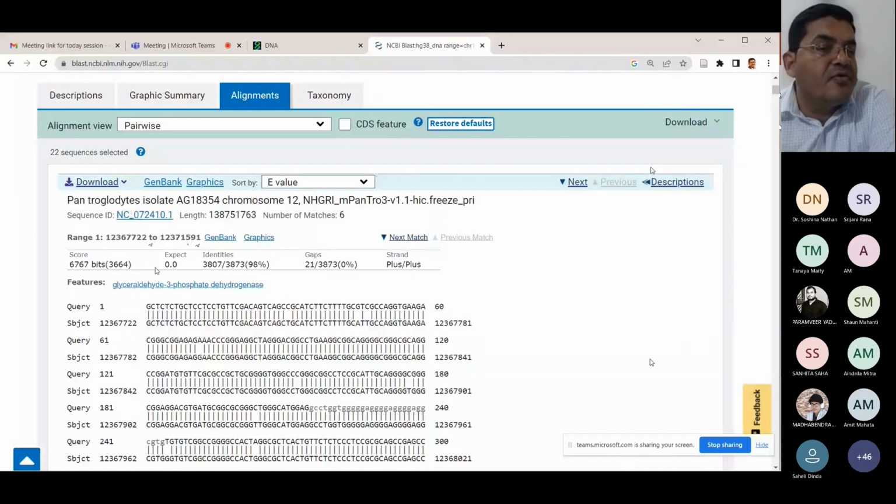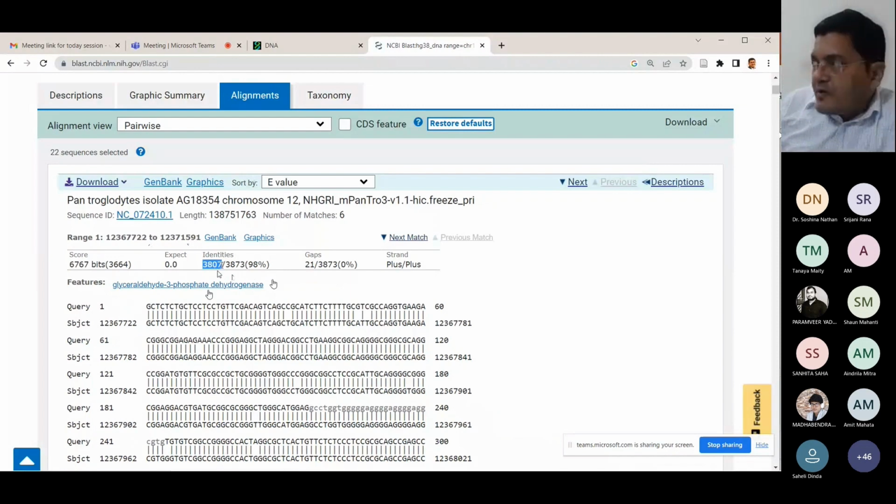Second, the E value is 0.0, which means this is not a random match. It is a match because there is a certain level of relatedness. Then you have identity. How many of the nucleotides are exactly similar? Of the 3873 to which it is matched in the chimpanzee genome, 3807 nucleotides are exactly similar, which translates to 98% similarity.